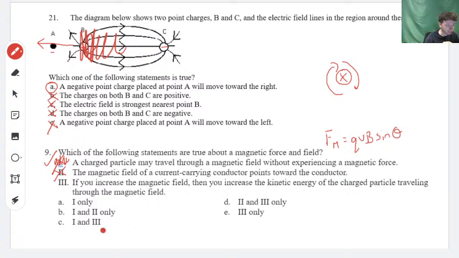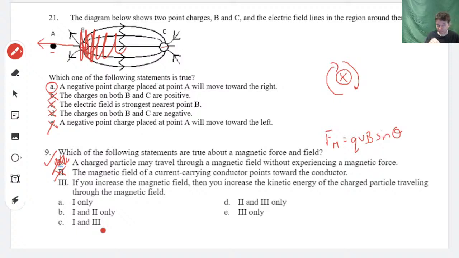Number 3. If you increase the magnetic field, then you increase the kinetic energy of the charged particle. Ooh, this one's tricky. This is one I usually catch a lot of my students on. If you have a charged particle in a magnetic field, and assuming that it's not moving parallel to the field, so it's moving at some angle to the field, maybe even perpendicular, it will feel a force. So you might think, well, if it feels a force, are you going to increase the kinetic energy?